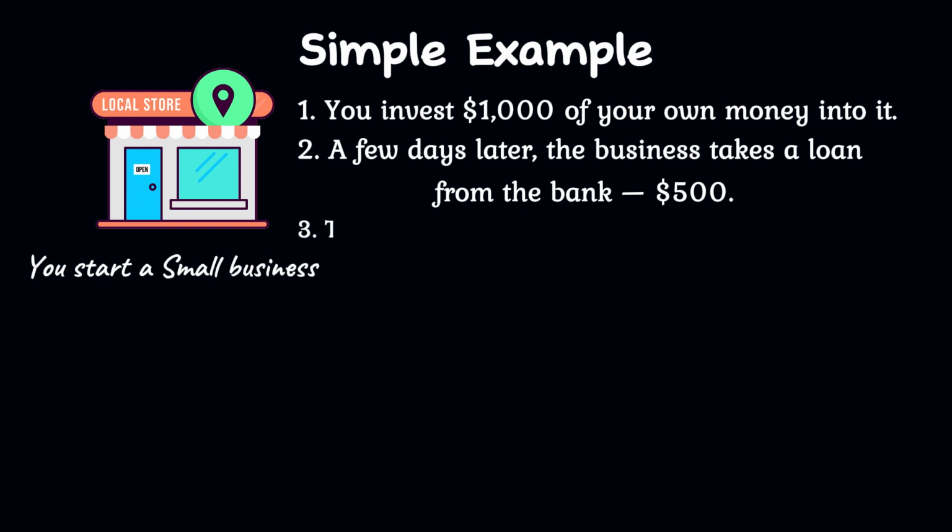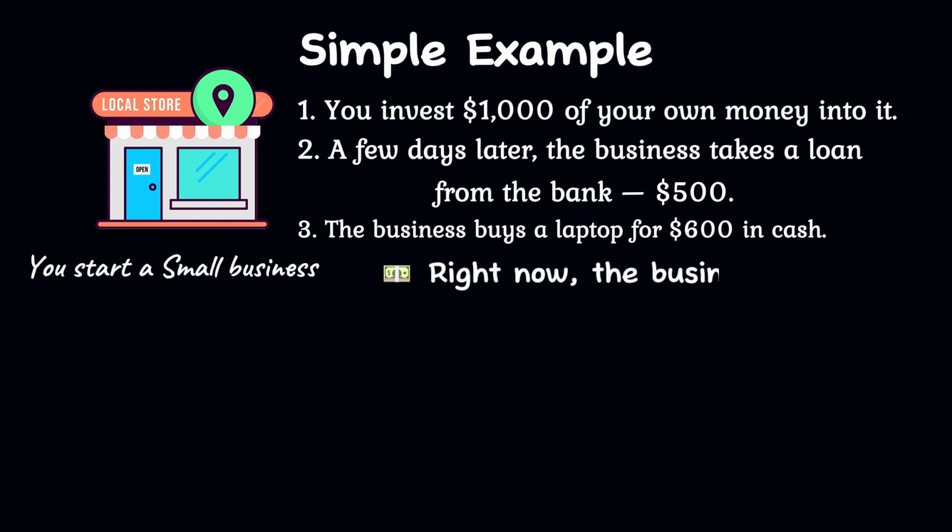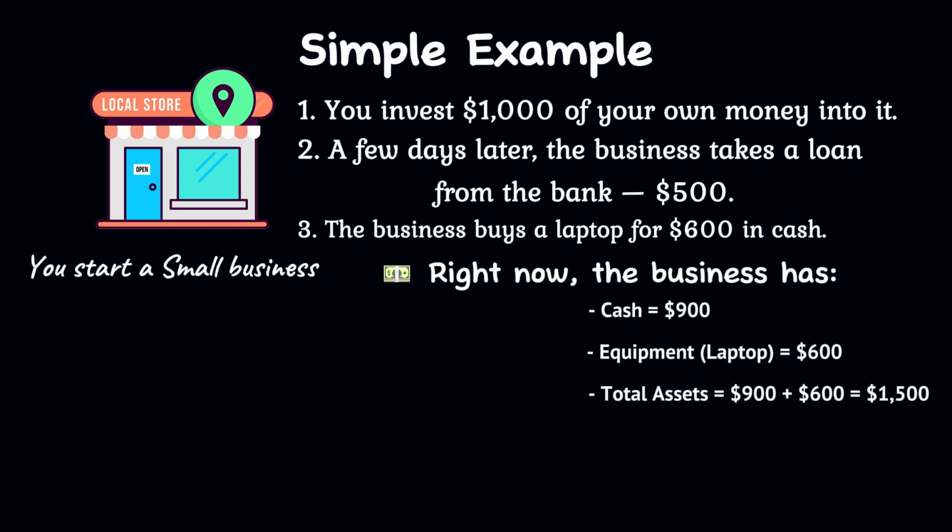Then the business buys a laptop for $600 in cash. So the new value becomes cash of $900 and equipment, which is a laptop, which is equal to $600. So the total assets becomes $900 plus $600. It's equal to $1,500, and the liabilities and equity stay the same.